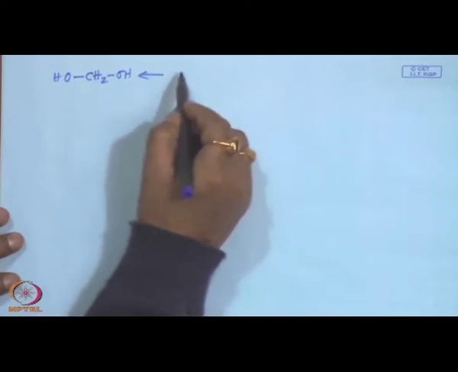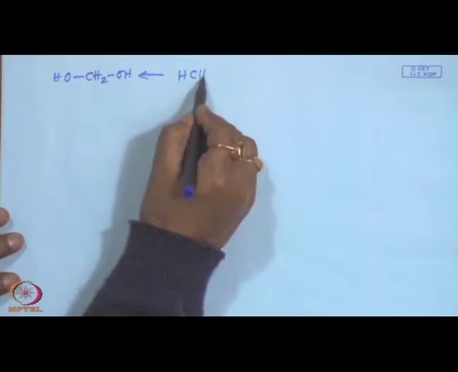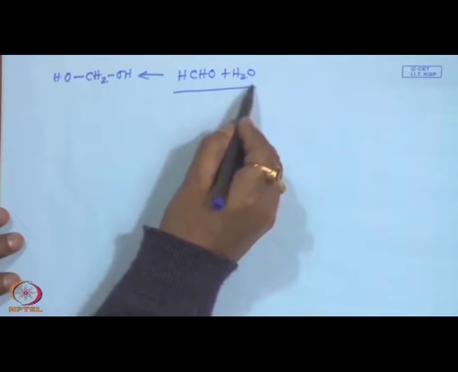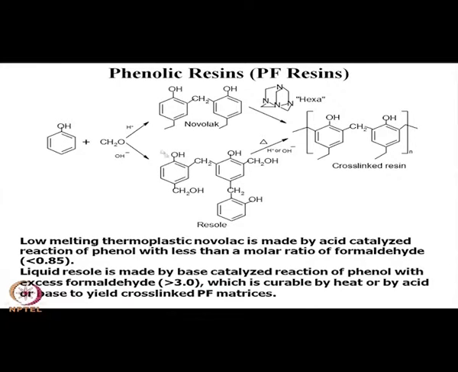This is formed from formaldehyde and water. So, this is a water based system. This water based system in presence of alkali can form Resol resin when the amount of formaldehyde is more than 1 mole per mole of phenol.